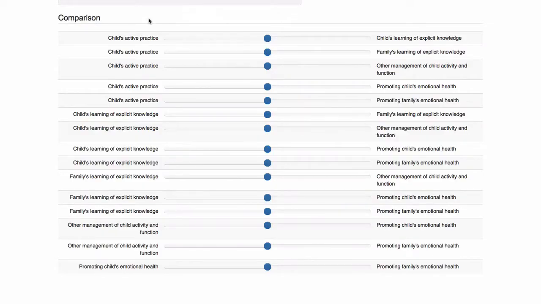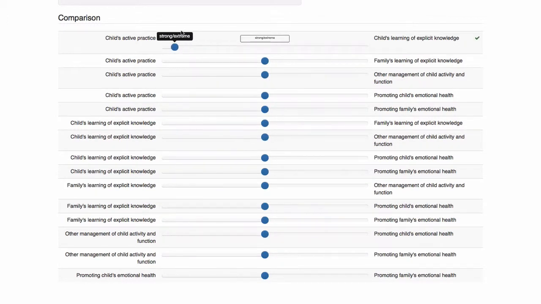And then for every pair we have a slider which can move from the extreme left to the extreme right. If the slider is in the center, we are stating that the components present at the left and right hand ends of the slider are present to an equal extent, to an equal proportion.